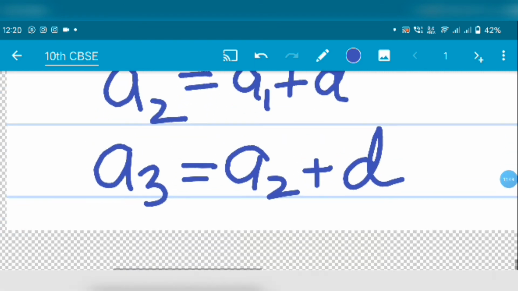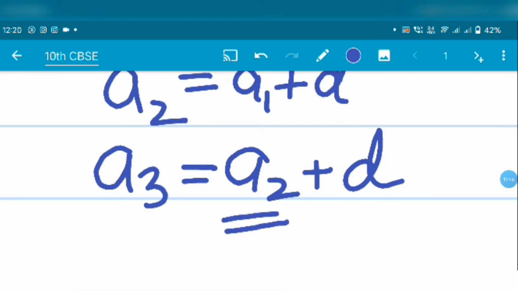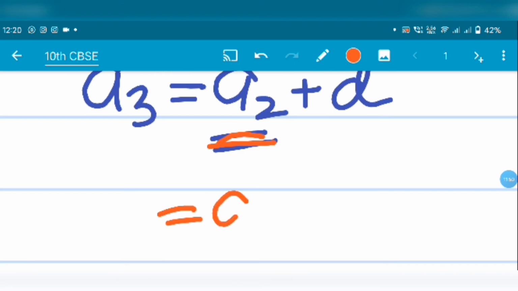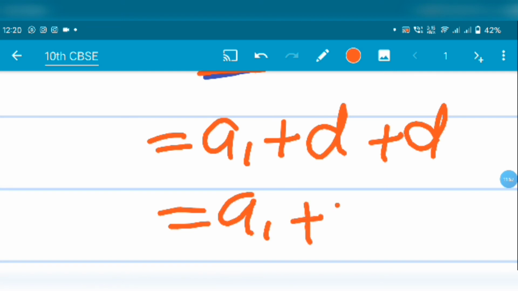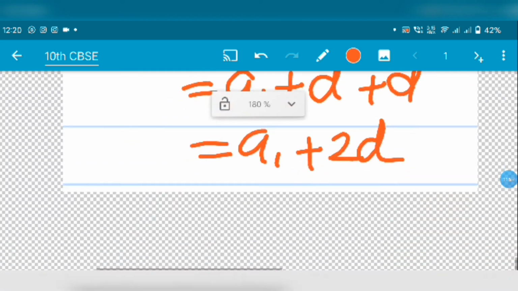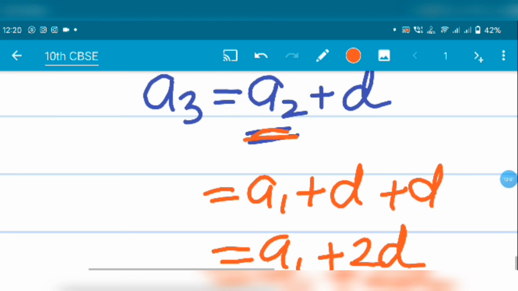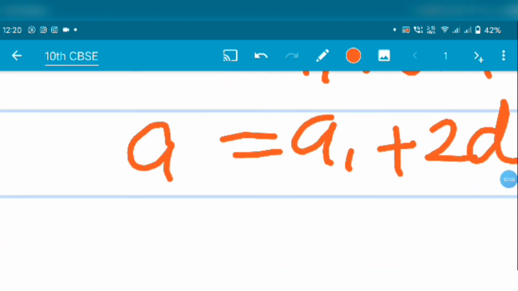Again, if I write in this place, removing this one, A1 plus D plus D, that becomes A1 plus 2D. This is A3.